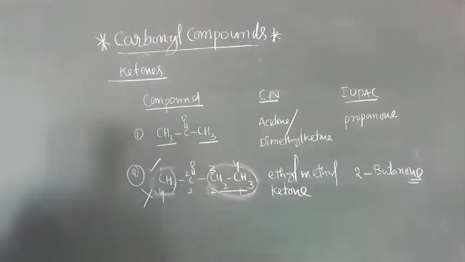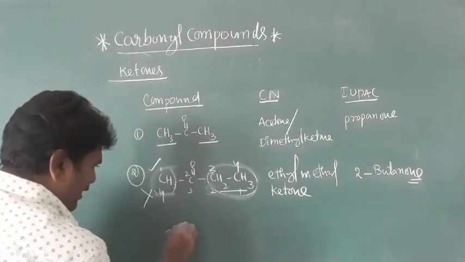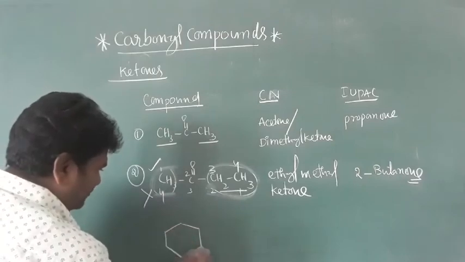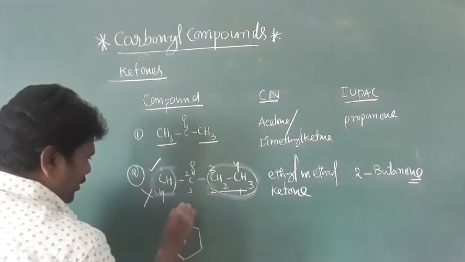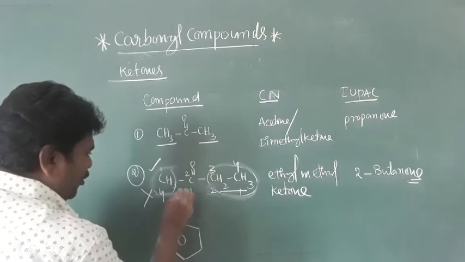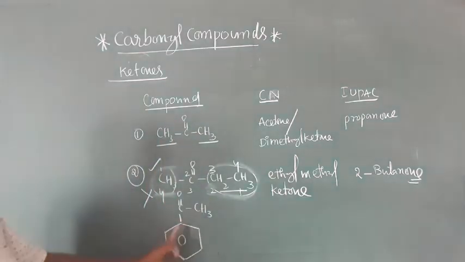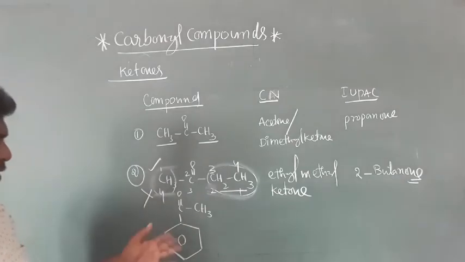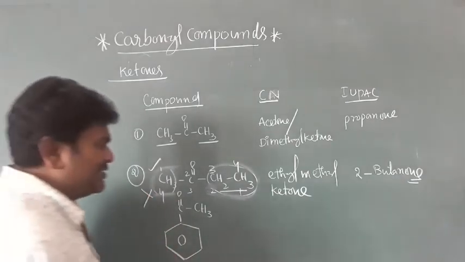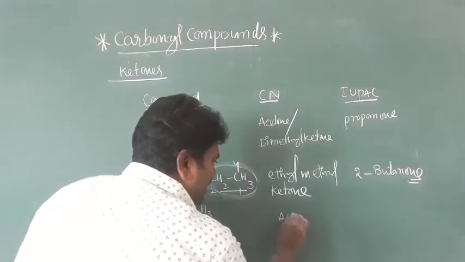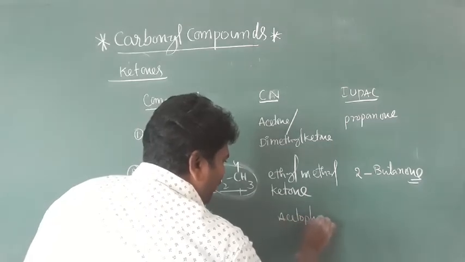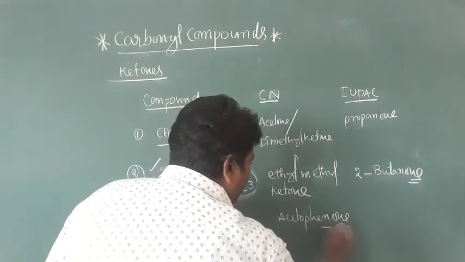Suppose, see here, a case like this: C double bond O, CH3, with the phenyl group. What is the common name? It is acetophenone.